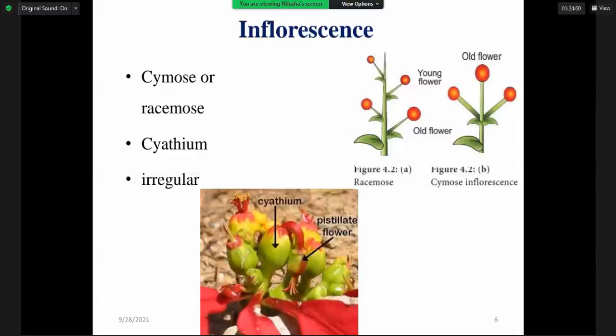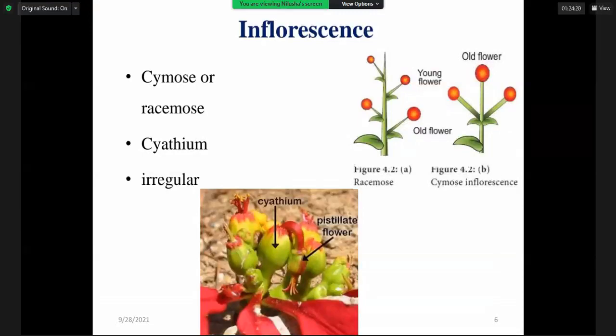Next one is the cyathium. The cyathium is a special type of inflorescence found in the Euphorbiaceae family. It is highly reduced and looks like a small flower.